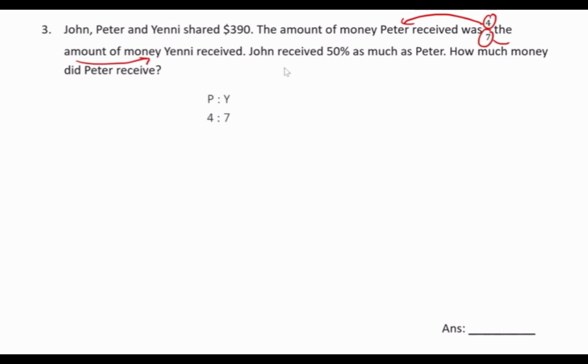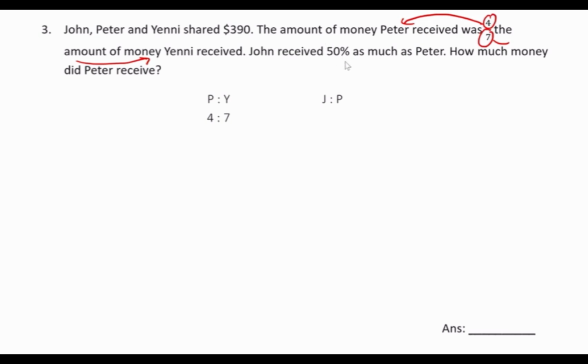Then next, we have a percentage. Now, this percentage is comparing between John and Peter. So like I said, in a sentence with percentage, the one at the back of the sentence is always 100%. Identify your 100% first. Who is 100%? Peter. So Peter is 100. What about John? Is it 50 or is it 150?